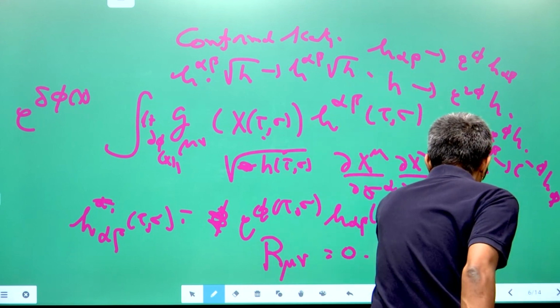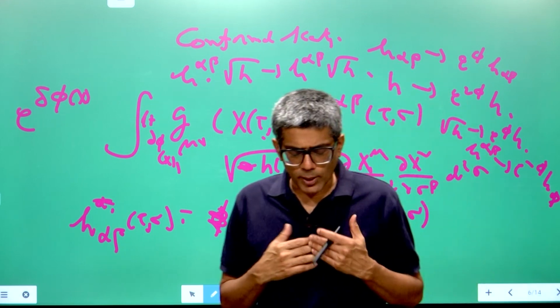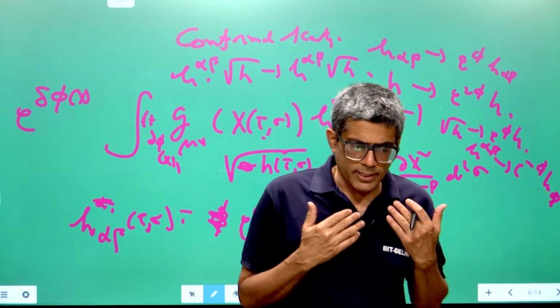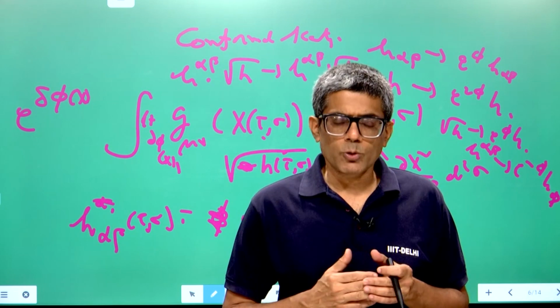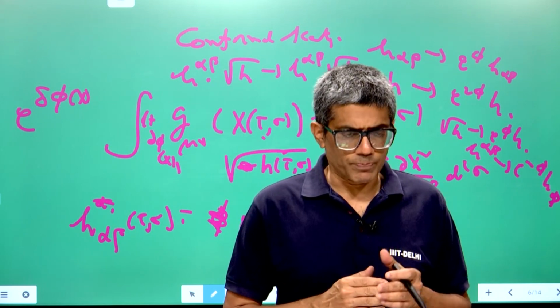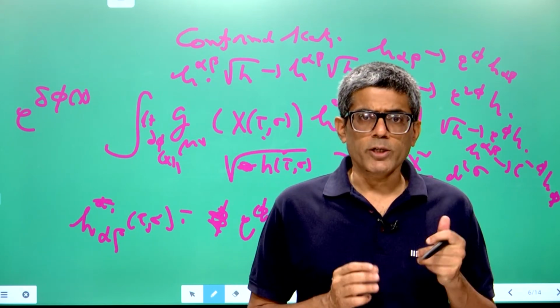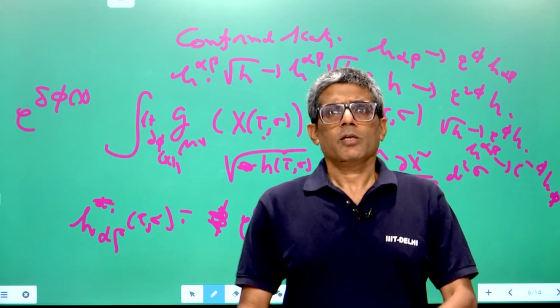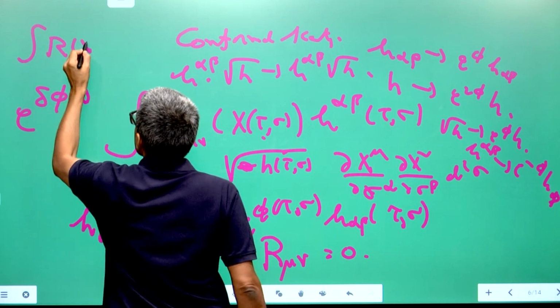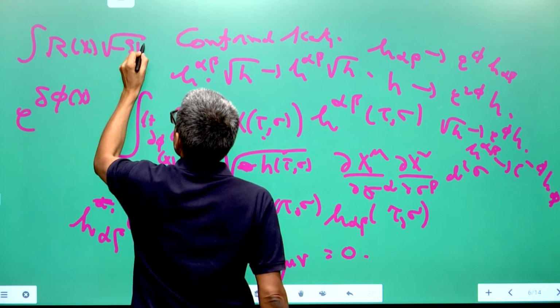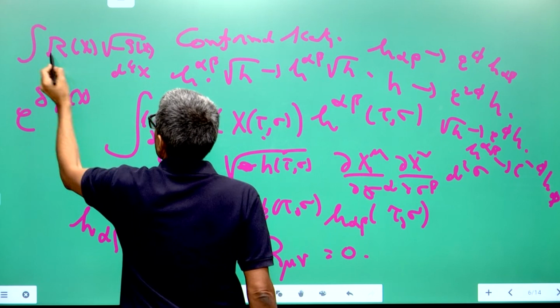So what happens is that while quantum field theory cannot accommodate gravity into its picture owing to the renormalization problems, because of the Einstein-Hilbert action integral R(x) root minus g(x) d4x, where R(x) is the curvature.